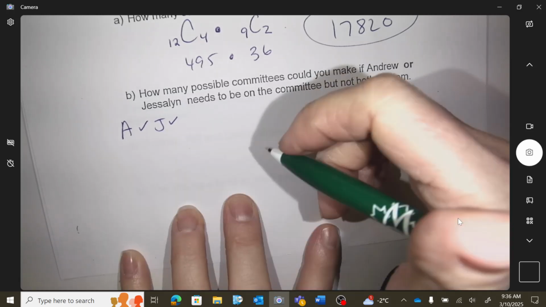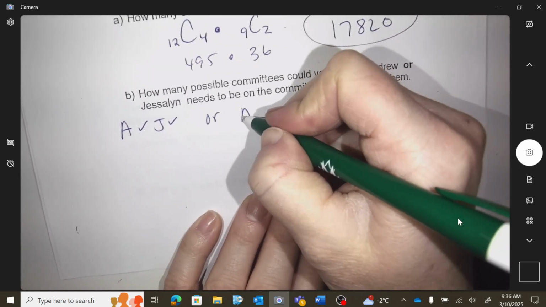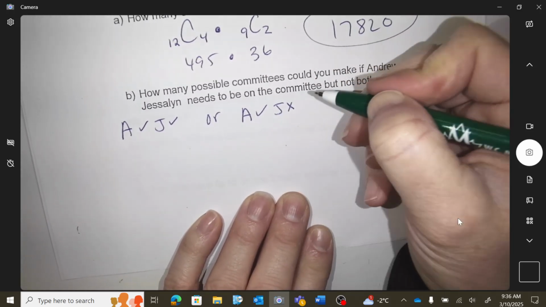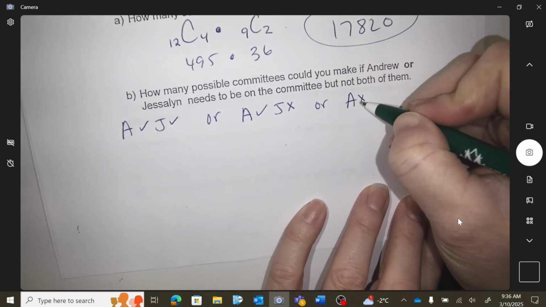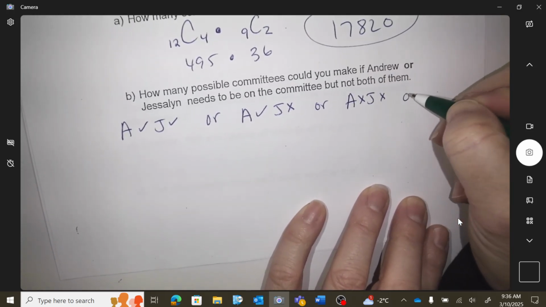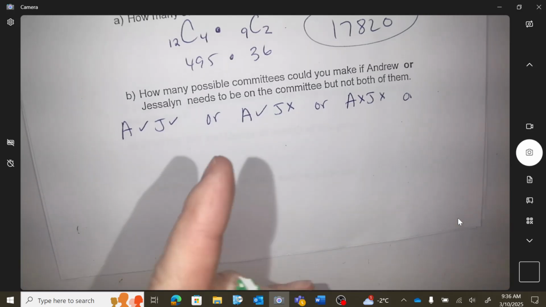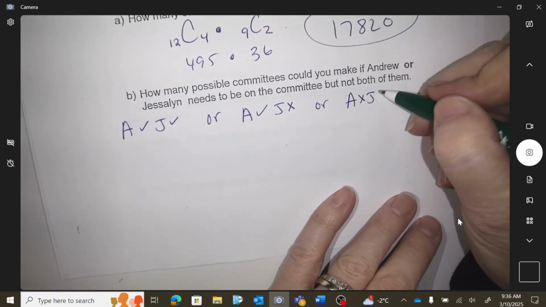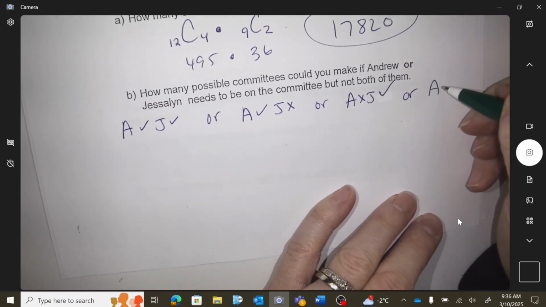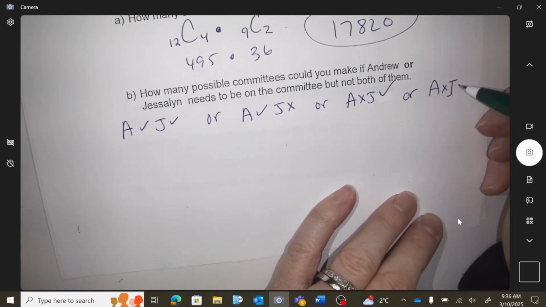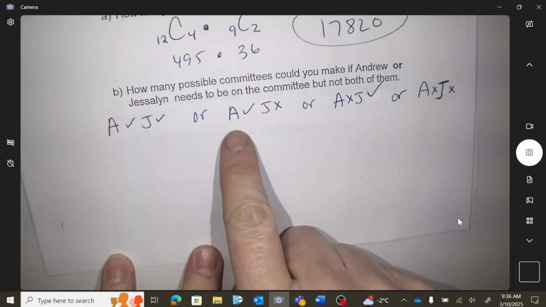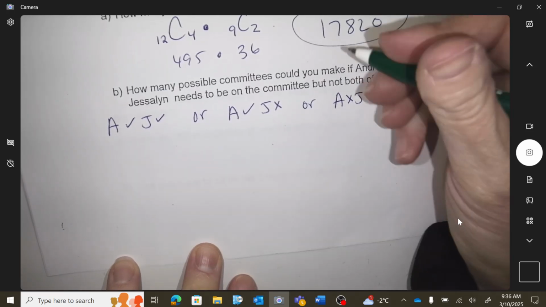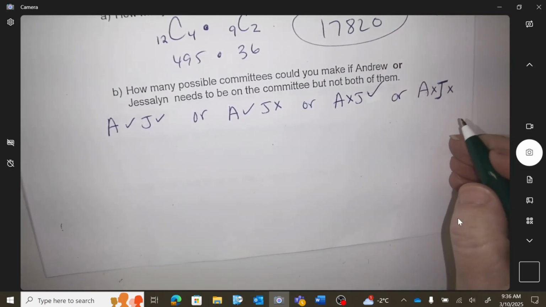Andrew's on, Jesslyn's on, or Andrew is on, Jesslyn not, or Andrew off, Jesslyn off, or no, I wanted to do that the other way. I don't need these all, but I'm just showing you. These are all scenarios that could play out. They could both be on, just Andrew on, just Jesslyn on, or not.